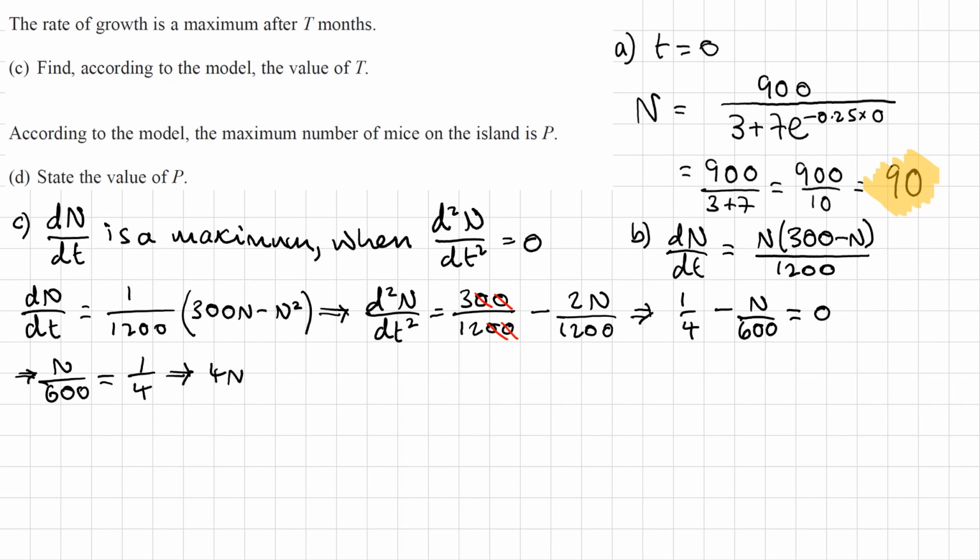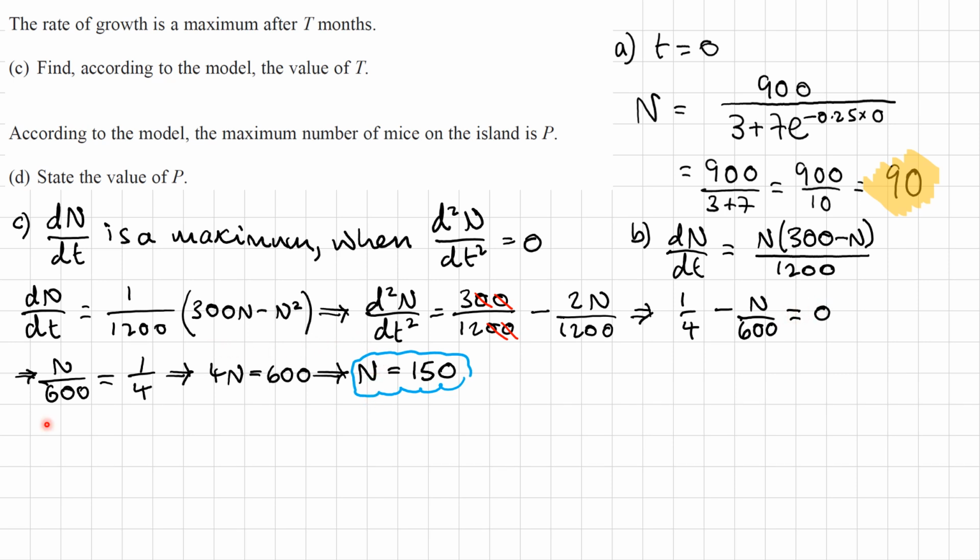That means that 4n is equal to 600, which means that n is equal to 600 divided by 4, which is 150. So let's just highlight that. So this is the value of n for which dn/dt is a maximum, because dn/dt's derivative is equal to 0. We set it equal to 0.